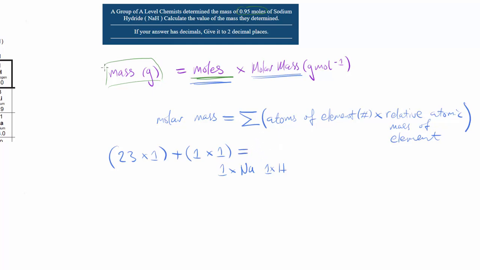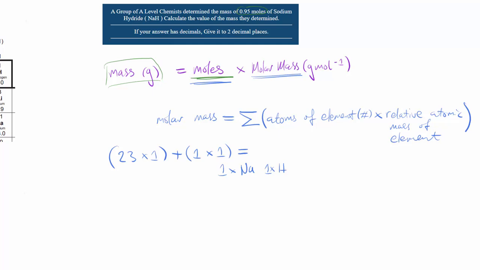Before I go on, I'm just going to clarify something. This is obviously quite a straightforward example. We've just literally got 23 times 1 plus 1 times 1.